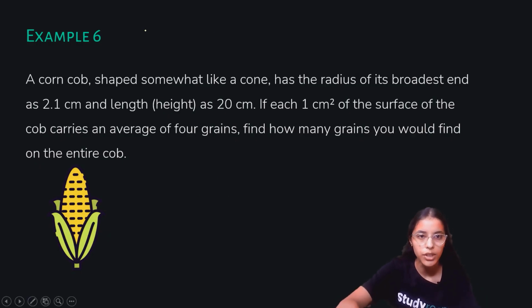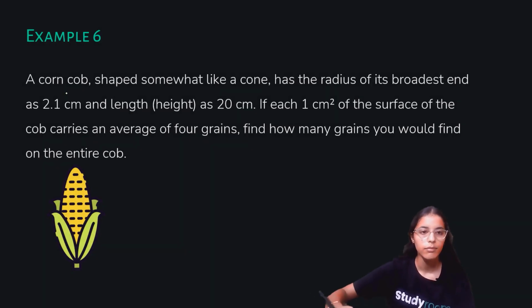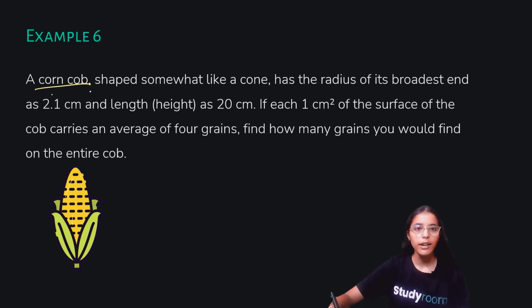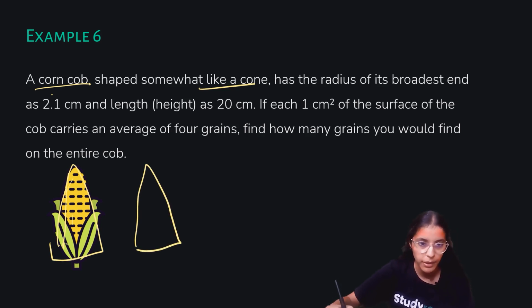Now in this question, we are given a corn cob. So the corn cob is shaped somewhat like a cone. It is almost like a cone. So we can draw a kind of a cone over here, I'll just draw it like this, and I'll mark all the dimensions that are given to us on this.